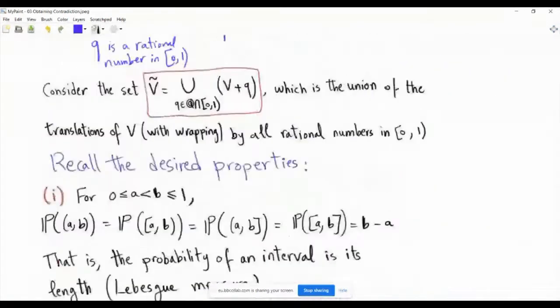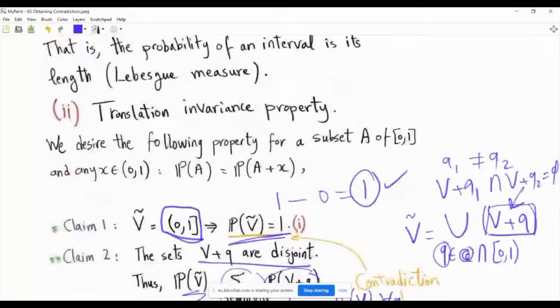Then you construct set V tilde. V tilde is constructed by translating V by all possible rational numbers from 0 to 1, 1 excluded, and then taking the union. Now for V tilde, you can show two things.